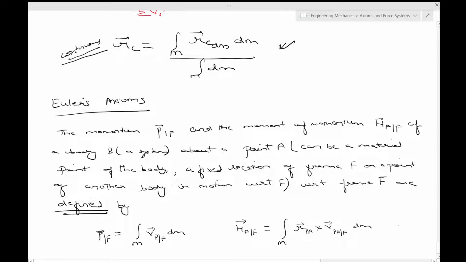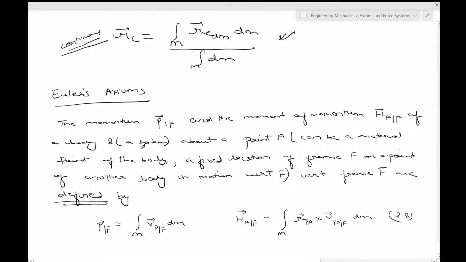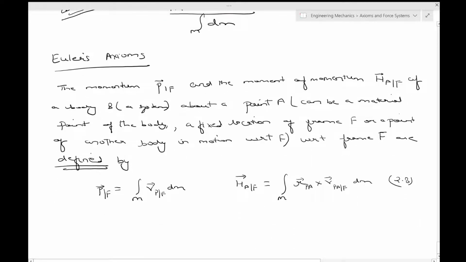Okay, so the momentum and the moment of momentum of the body are defined like this. Obviously this is with respect to a frame F, that's why you have a subscript of F in both of these definitions.